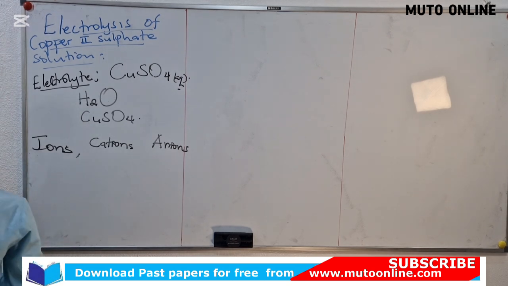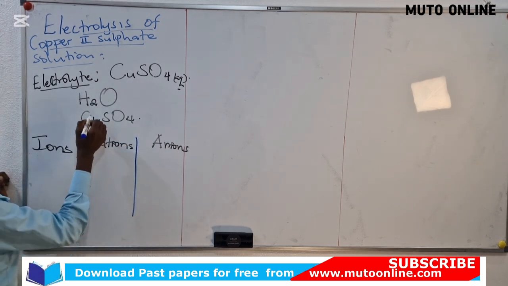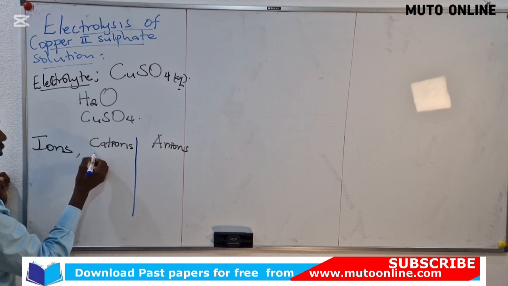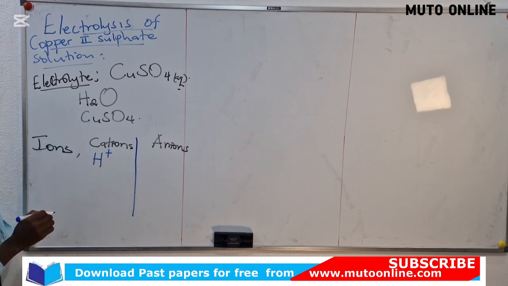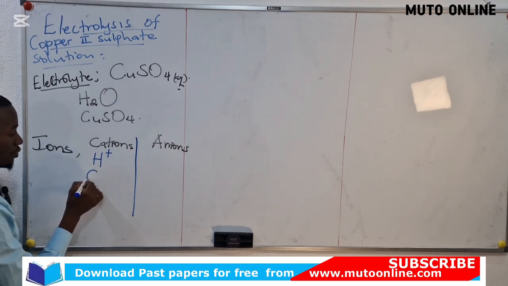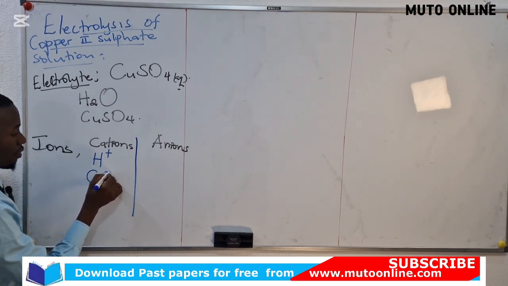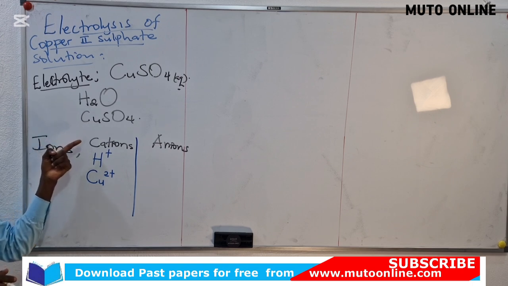The cations in this, we have the hydrogen ions from the water, and we have the copper II ions from the complete decomposition of the copper II sulfate.